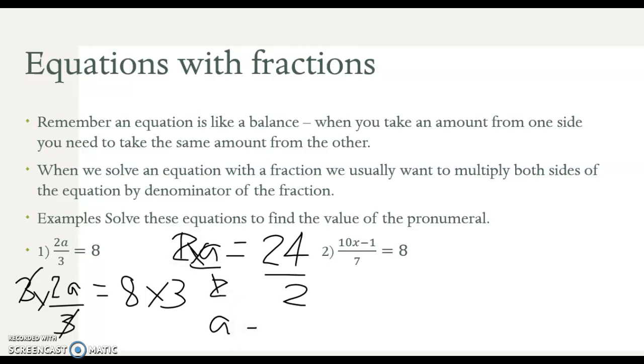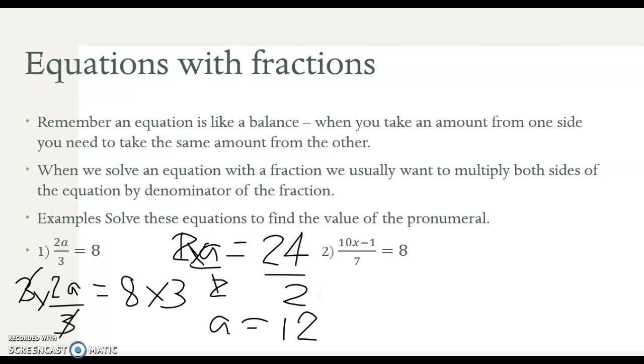On this side, I've got 24 divided by 2, which gives me 12. Now, if we wanted to, we could check that that answer was correct by substituting it into the original equation. That will give us 2 times 12, which is 24, divided by 3, which gives us 8. So we've done it correct.